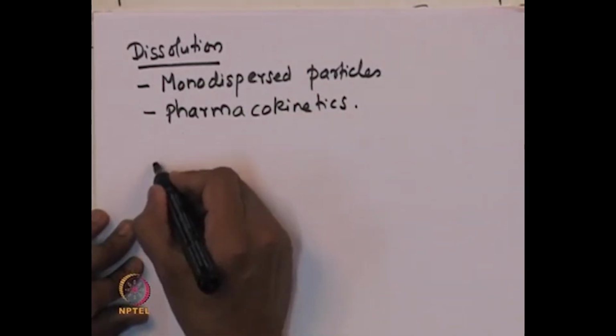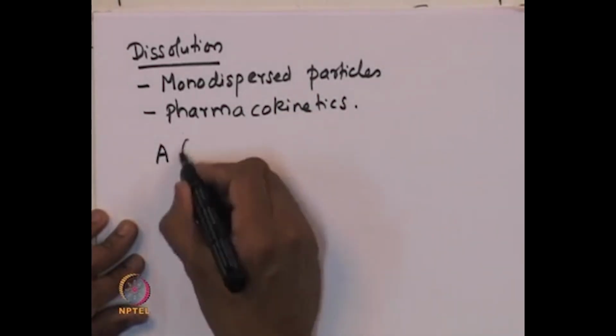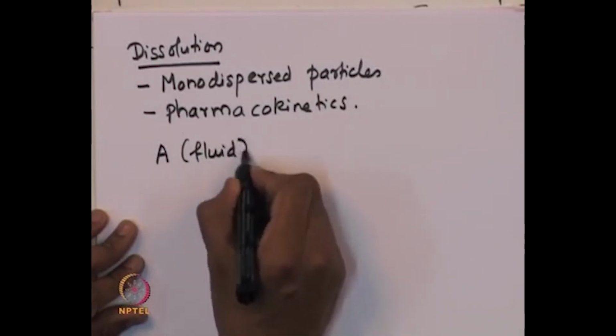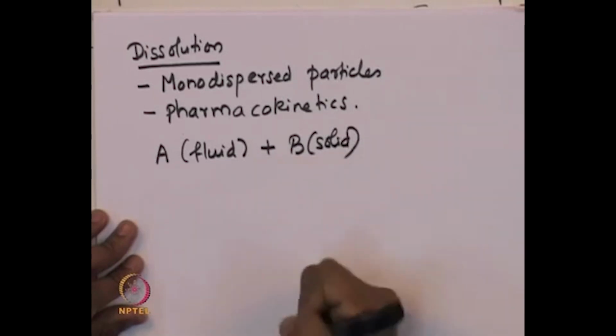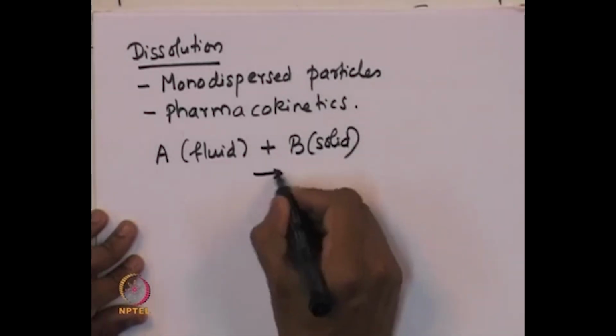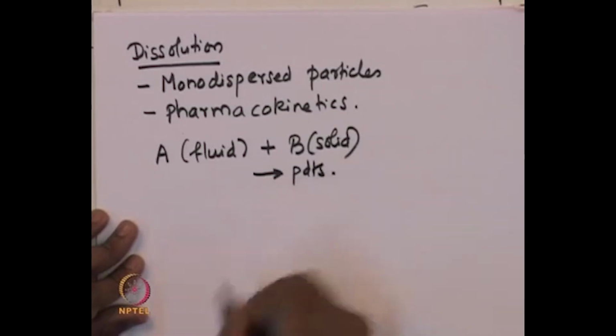Now, suppose there is a species A in the fluid stream that reacts with a certain solid, which is essentially the drug particle, and that leads to the formation of products.